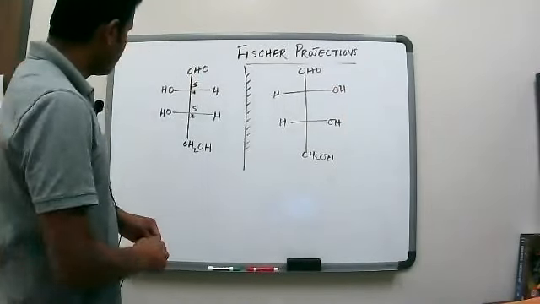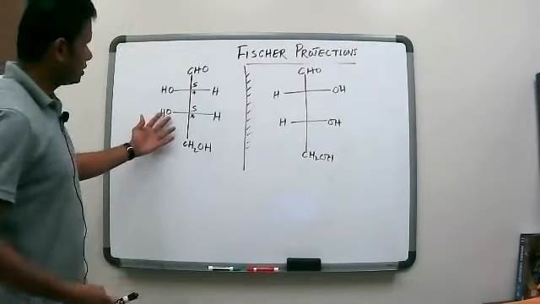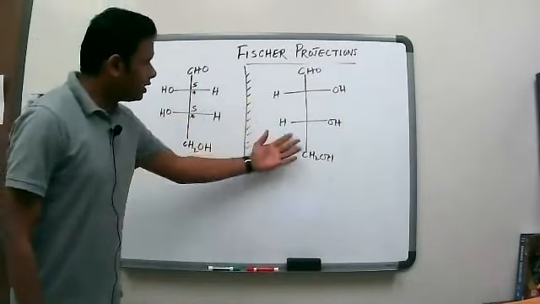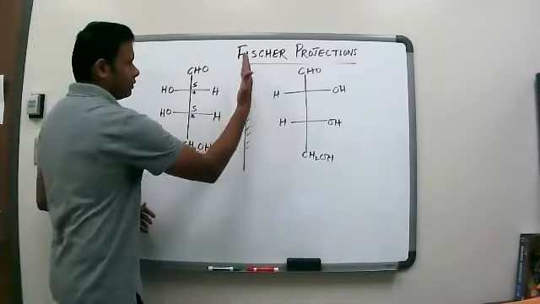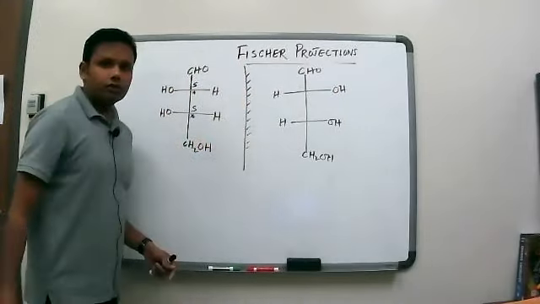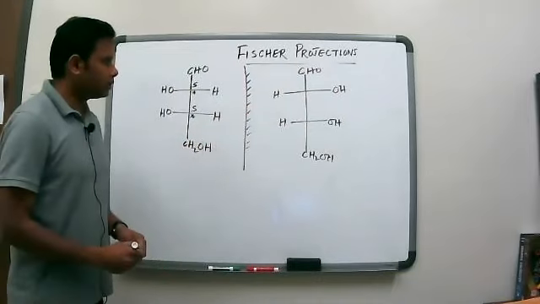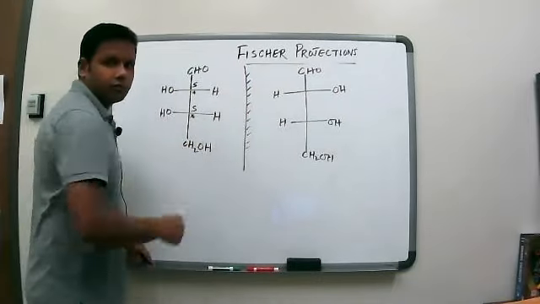Now you see how having it in Fischer projection makes it really easy for us to see that if we have this molecule and if there's a mirror here, that is what we're going to see. That's its mirror image.